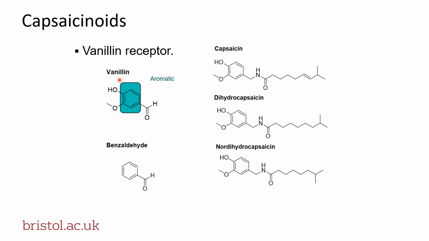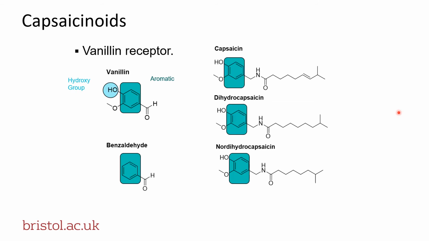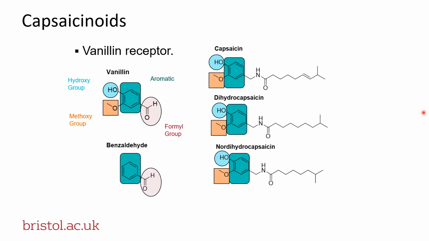So, as I said before, we share the aromatics, they're present in all of them. The hydroxy group is present in all of the capsaicins. The methoxy group is also present in all of these. And then the formyl group is unique to vanillin, also present in benzaldehyde.